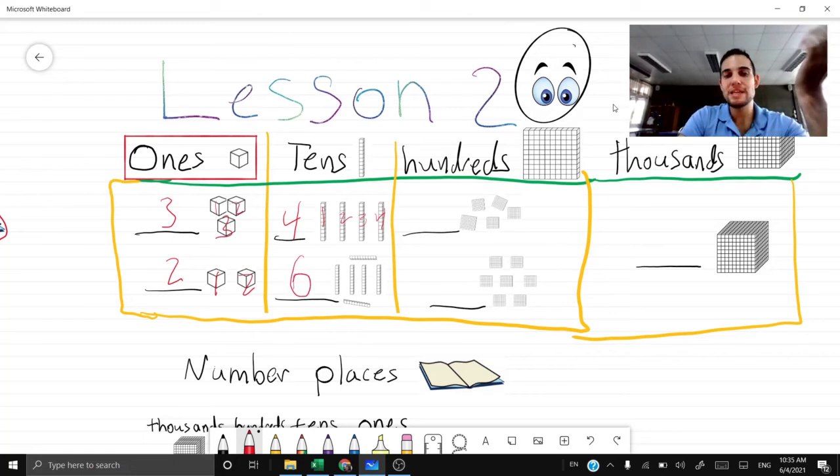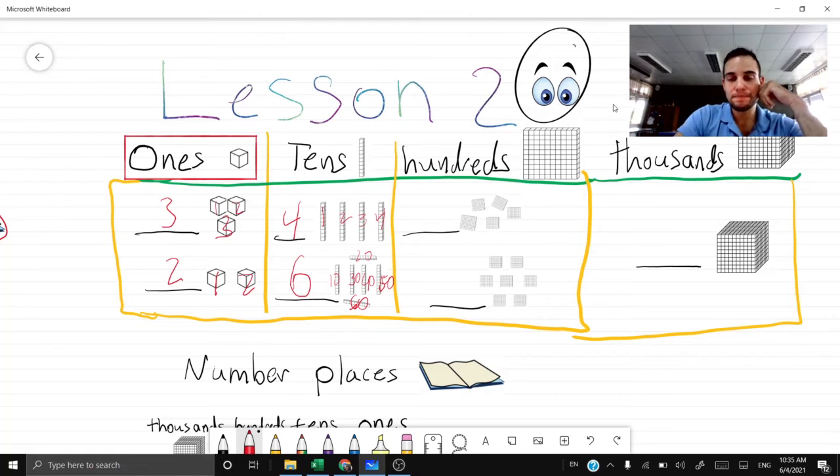And how many cubes are in 6 tens? 10, 20, 30, 40, 50, 60. There are 60 cubes in 6 tens.